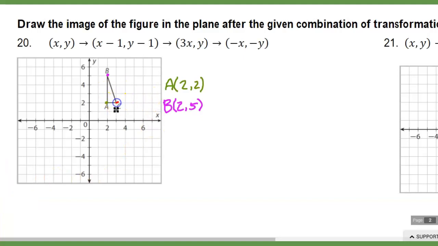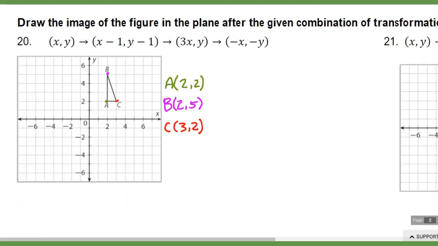Point C, which is 3 comma 2. Okay, so these are our x and these are our y's. We have to go through each one of these transformations. So the first one we're going to do is just reduce each of those, x and y, by 1. We're just going to go step by step.